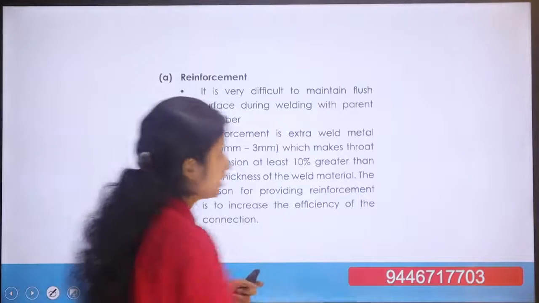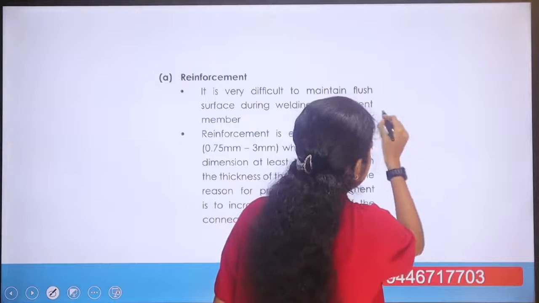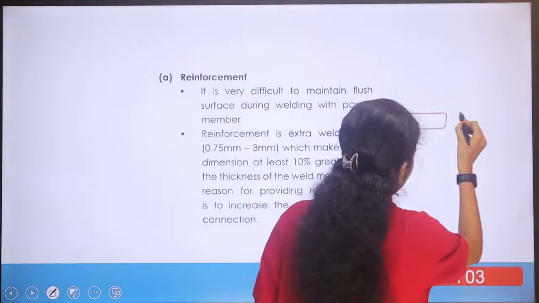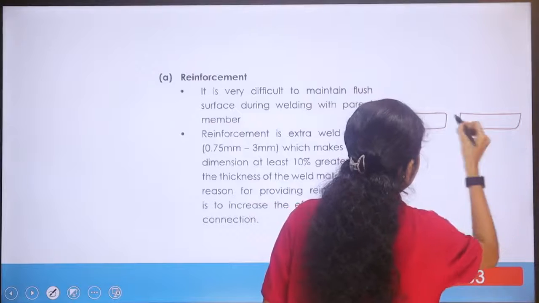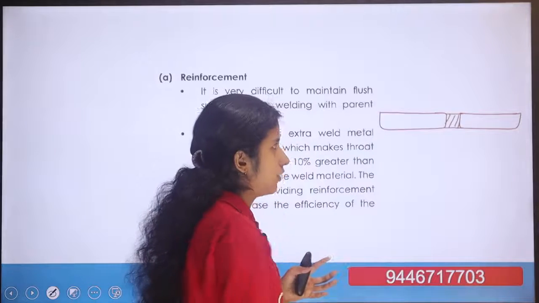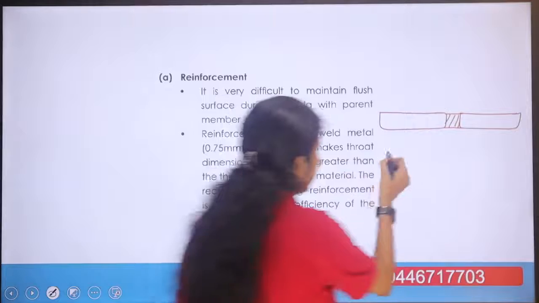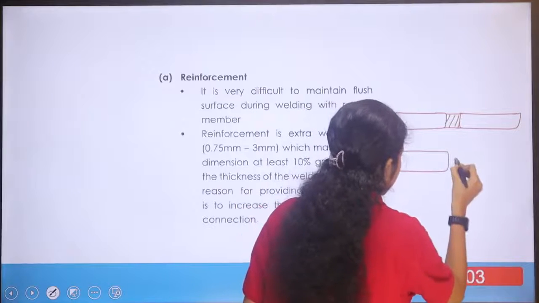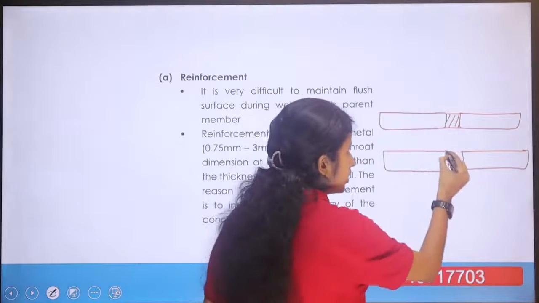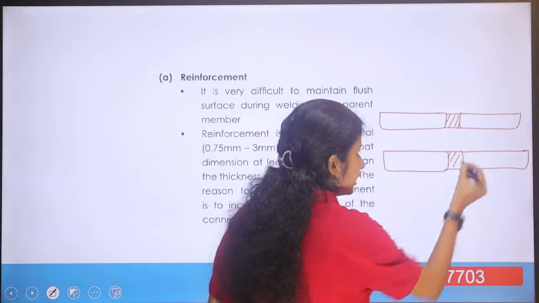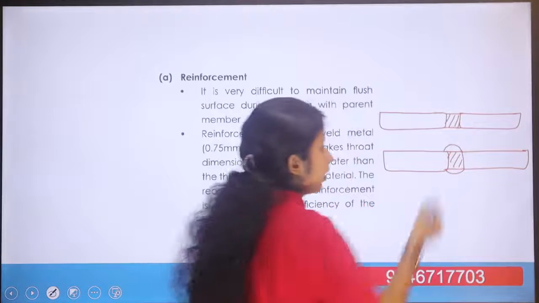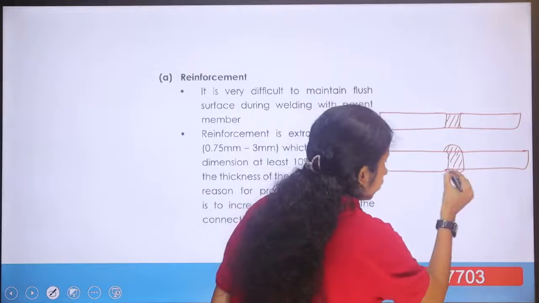So reinforcement in a welded section means, if you are welding two plates, and normally we are using it like this, the welding section provided is projected some distance above the section.